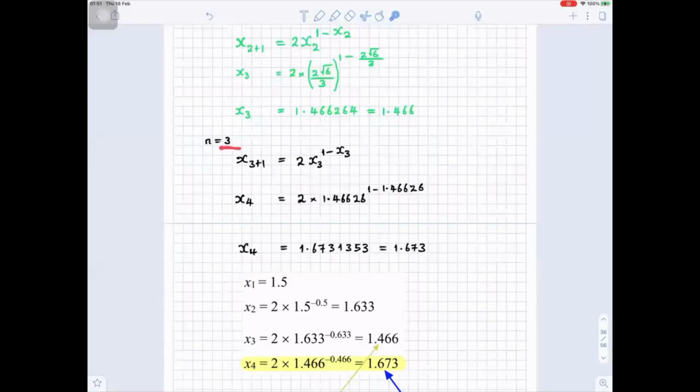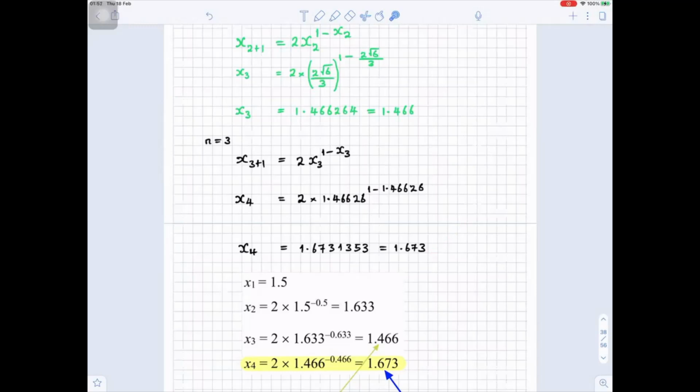And you substitute n equals 3, so it'll be 3 plus 1, which gives you 4. That will be 2 times x3 to the power 1 minus x3, so 2 times 1.466 to the power 1 minus 1.466, and that gives you 1.673.